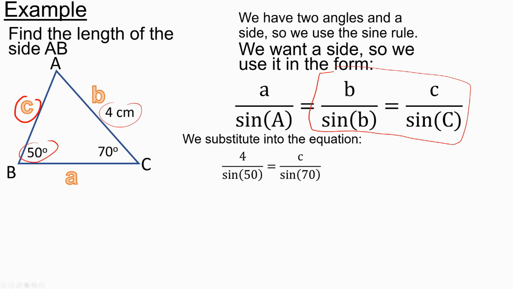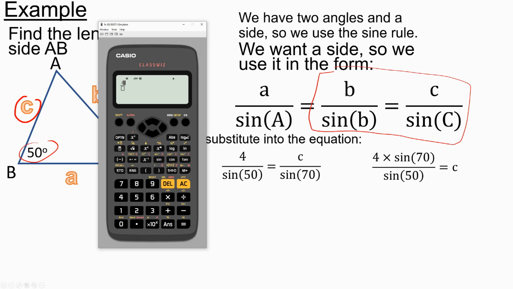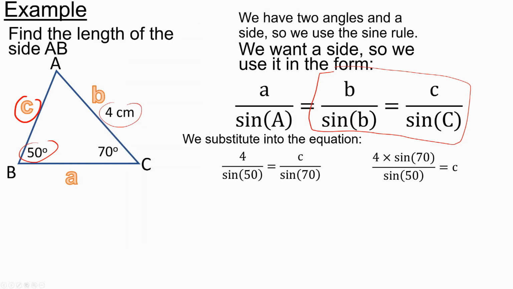To get c on its own, I can multiply both sides by sine 70, which gives me c is equal to 4 times sine 70 over sine 50. And if I put this into my calculator, 4 times sine 70 over sine 50, I get 4.91 centimeters.